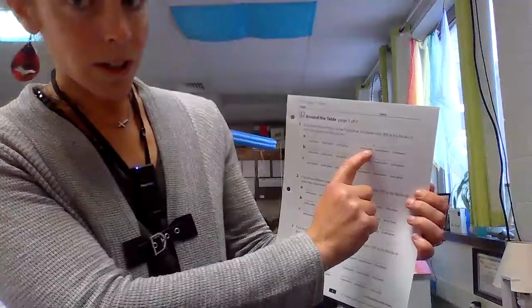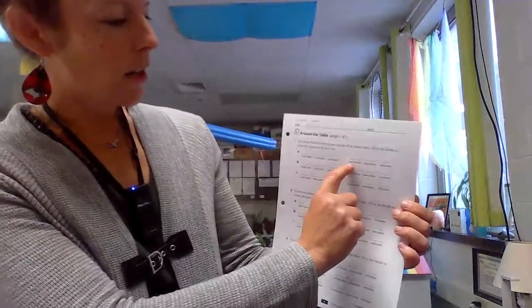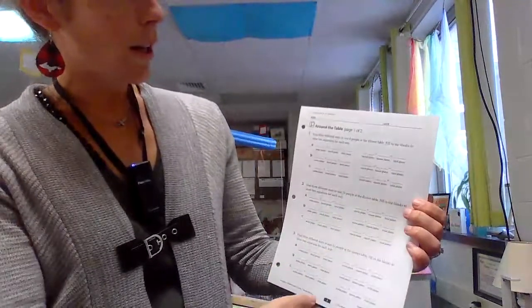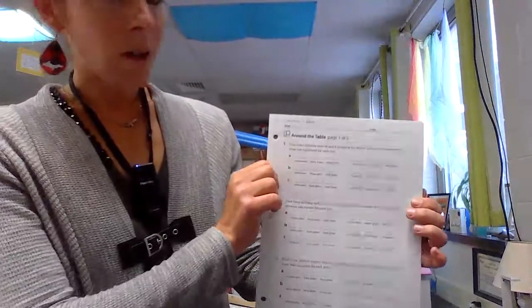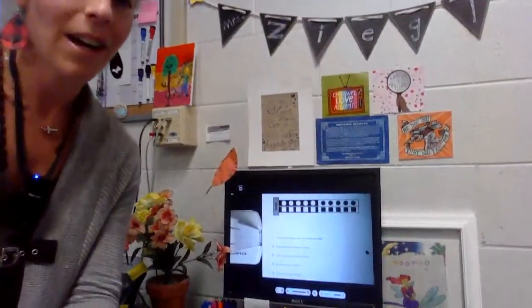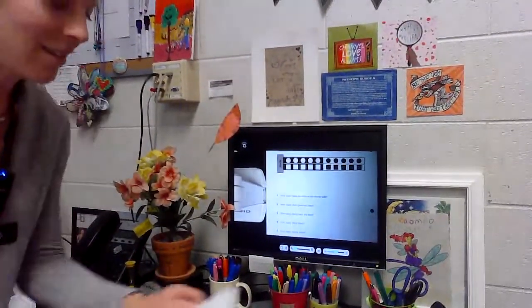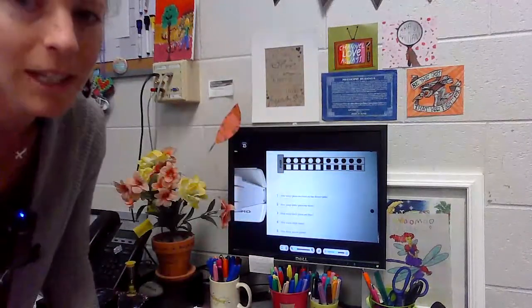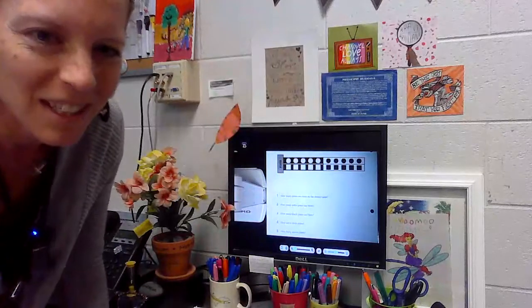Then you need to show it in a different way, like we just did. Round plates plus square plates equals total plates. So see if you can draw out the dinner table like you saw in the video. And I will show that one more time so we can get that drawn out. So draw out your table to help you complete the problems.